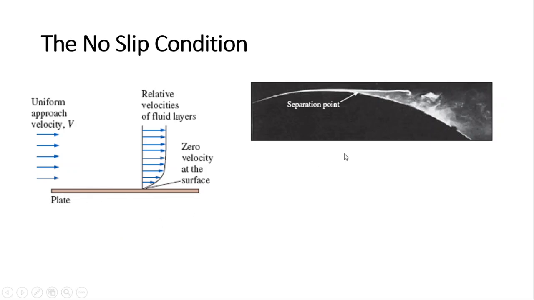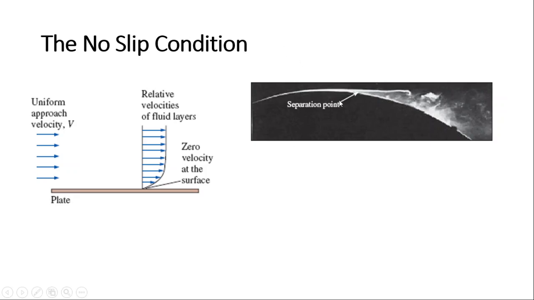But let's suppose the liquid is flowing over a curved surface or solid wall surface. This is a smooth straight surface, and the liquid is flowing over this.